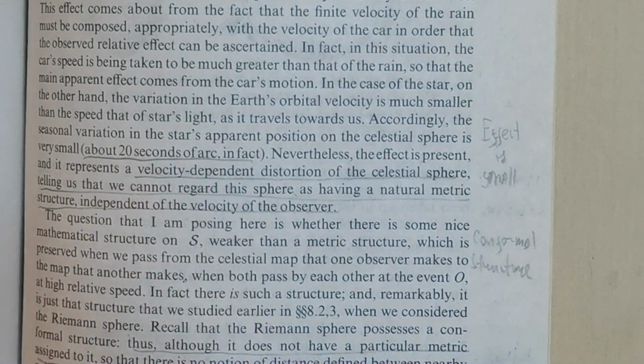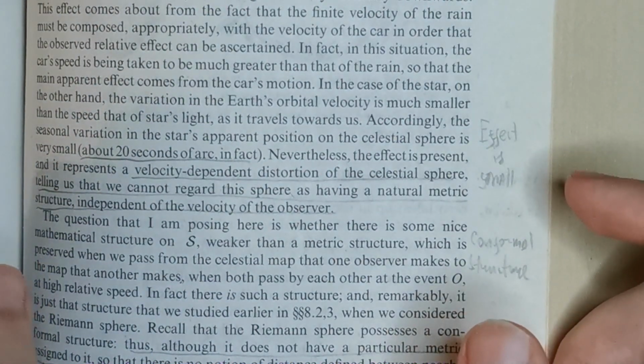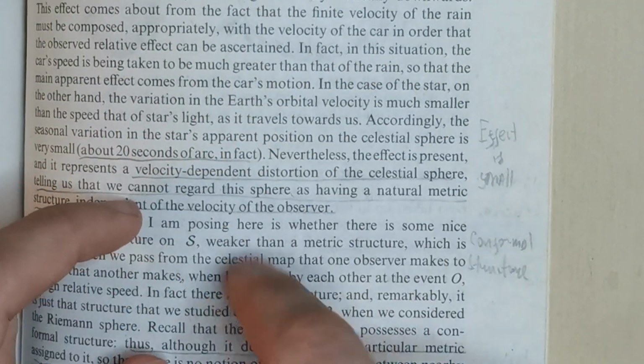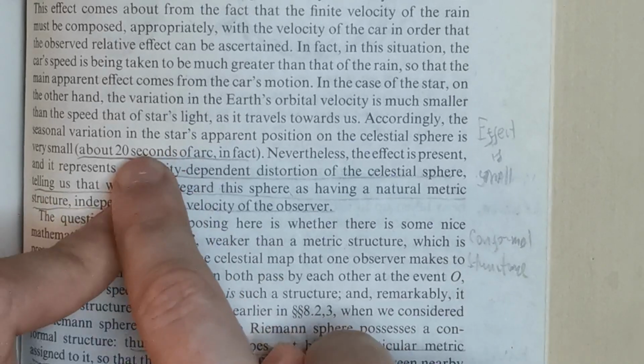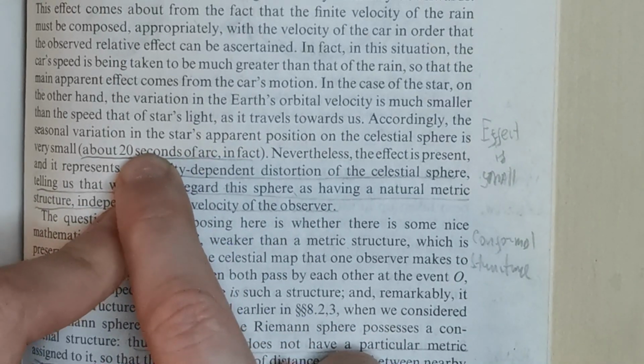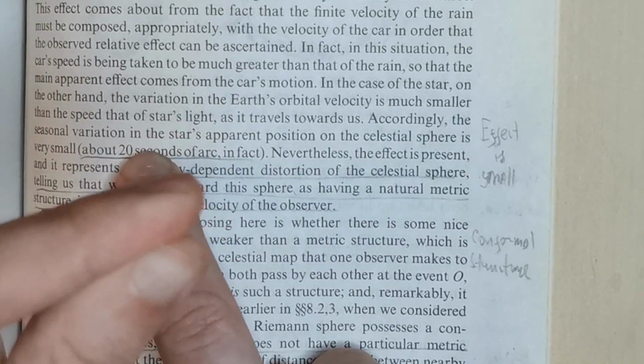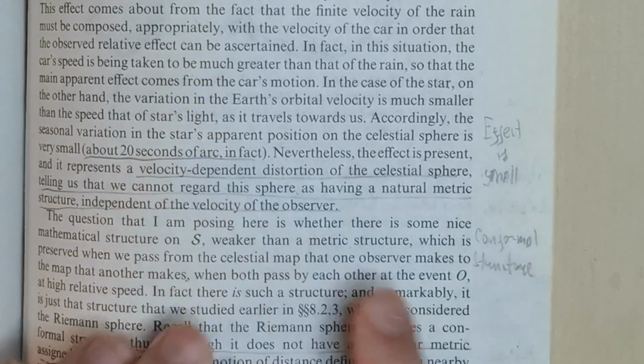It means if you have 360 degrees in the circle, or 2 pi, right, then those 20 seconds are, I don't remember exactly, just one part of a degree, a really, really small quantity over the circle.